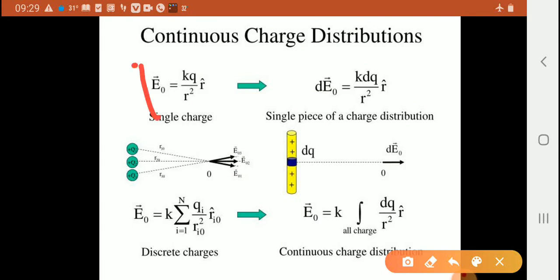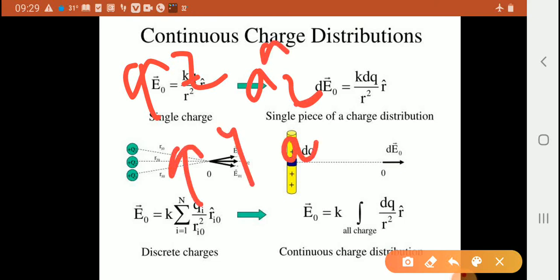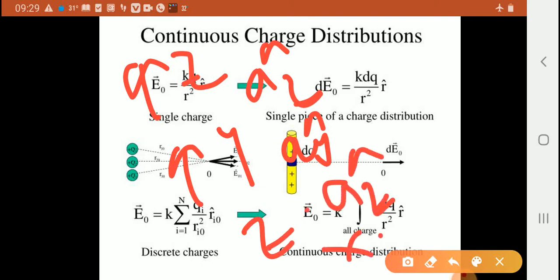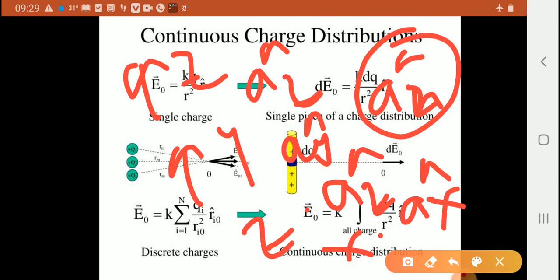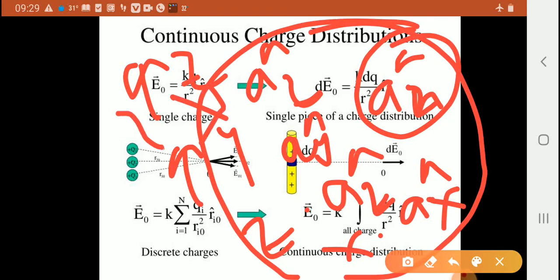Consider the z axis with az unit vector, y axis ay unit vector, x axis ax unit vector, and line with respect to an unit vector. These are the different unit vectors with respect to axis, at a radial distance of rho and point P.